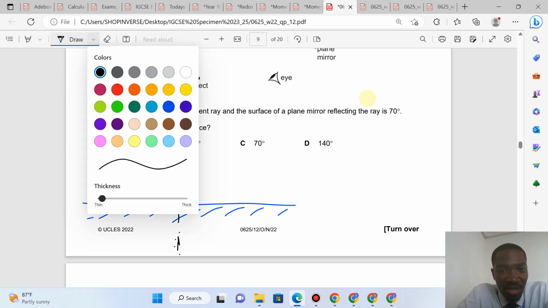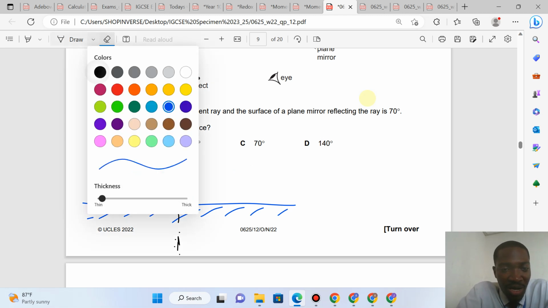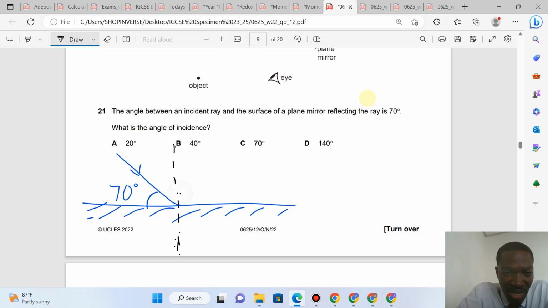The incident ray will be reflected along the same path, right? Since the normal is perpendicular to the reflecting surface, that means there's 90 degrees here. Also the angle formed on the left hand side must be 90 degrees.